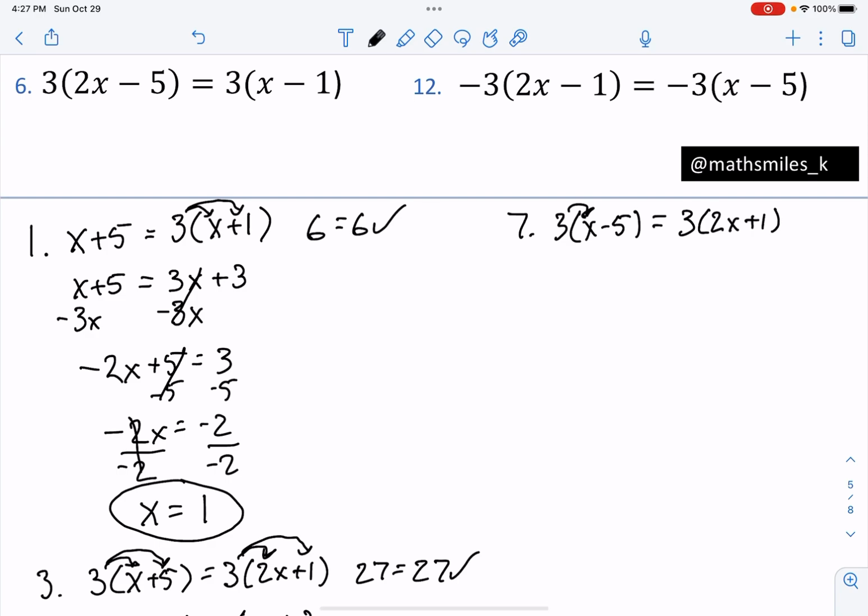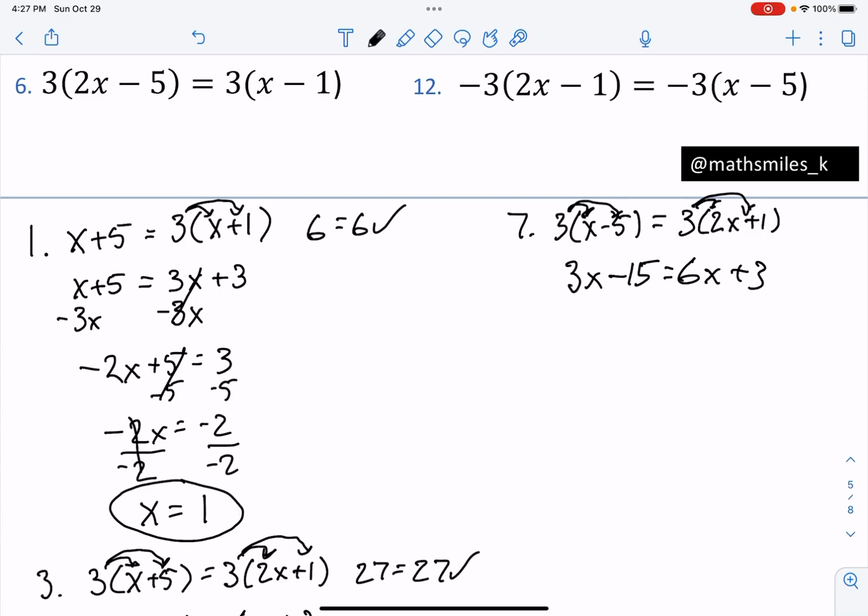So distribute. 3 times x is 3x, 3 times negative 5 is minus 15. 3 times 2x is 6x, and 3 times 1 is plus 3.